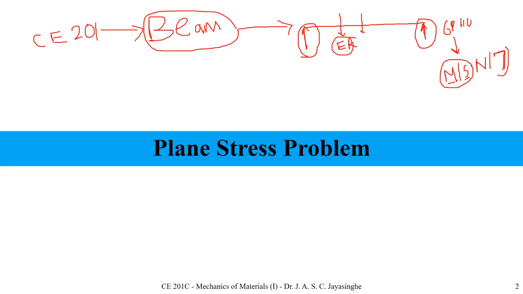We will learn torque or twisting moment later, in the final section of CE201C. The axial force we are not going to work on, but it is very straightforward. So we mainly focus here on moments and shear force.